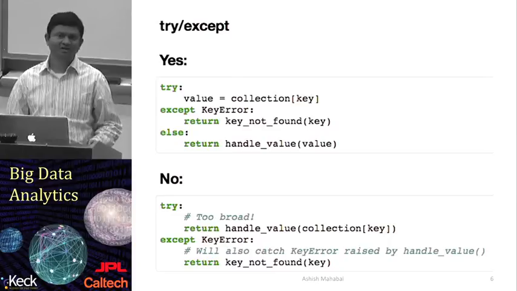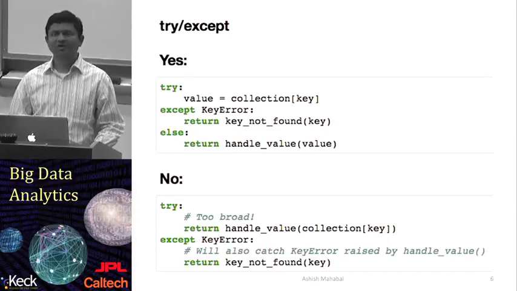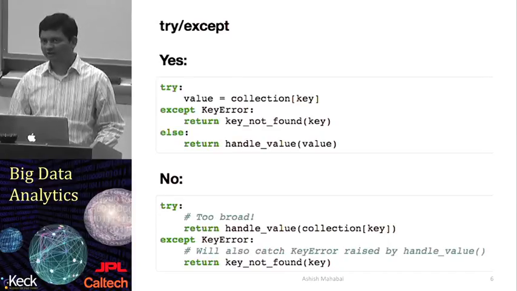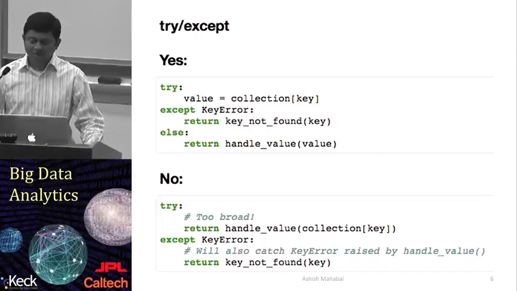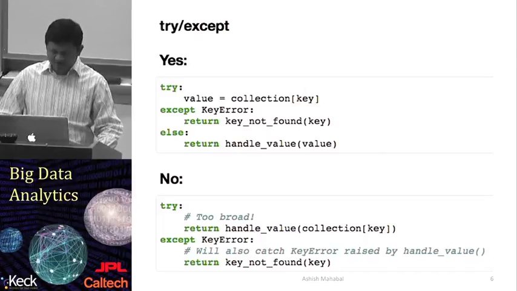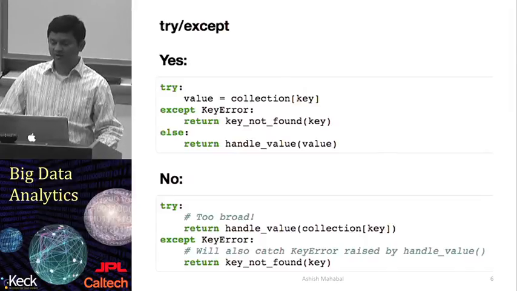If it doesn't find the key, it will tell you that the key was not found. If it was found, then it will do an appropriate thing with the value. But on the other hand, you can make the try except too broad, as shown in the second case, where you are combining the top two things by saying return handle value of the value returned by the collection for that particular key.